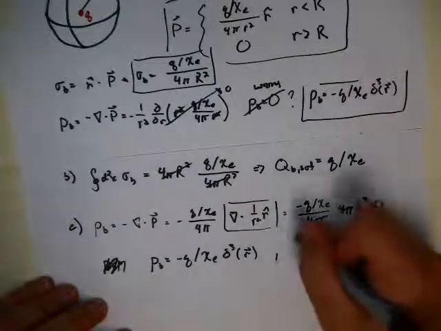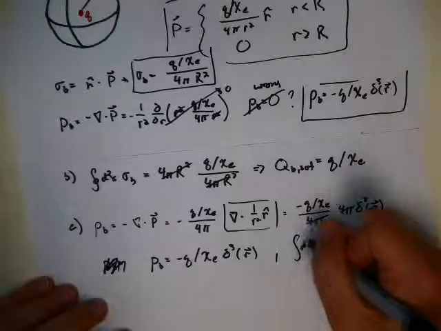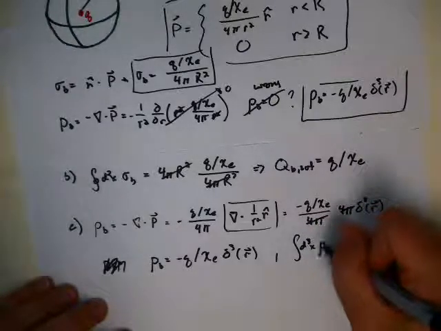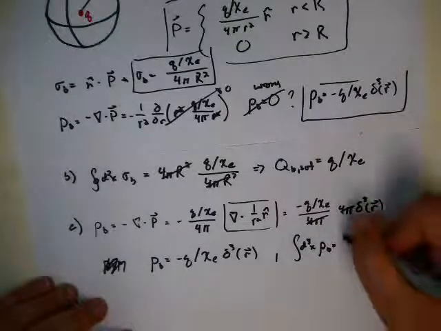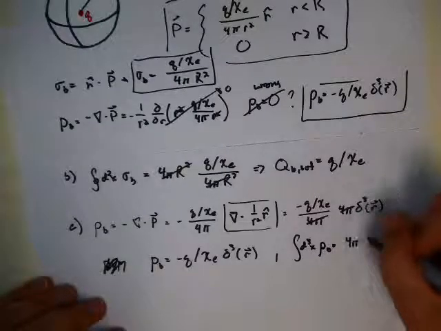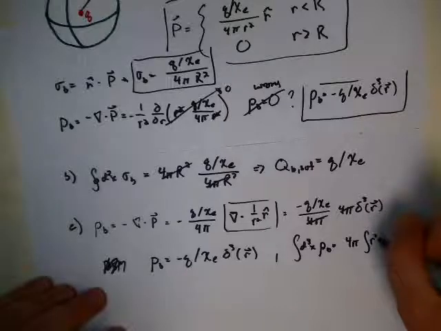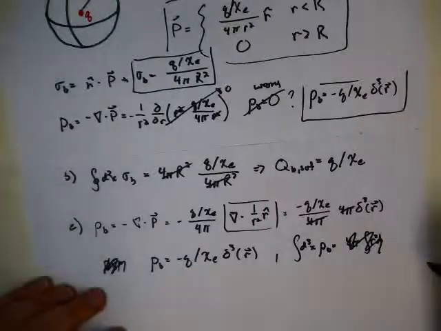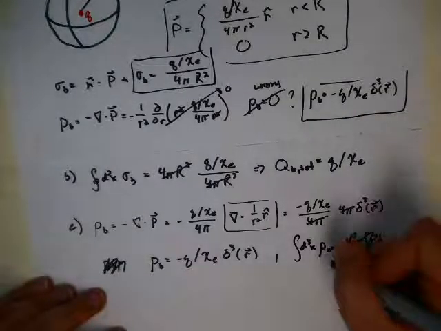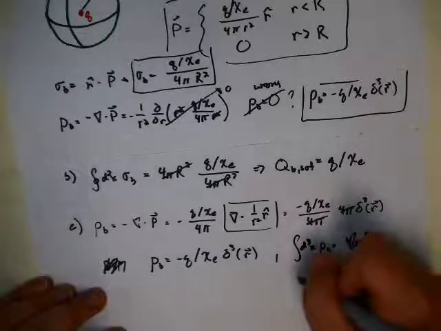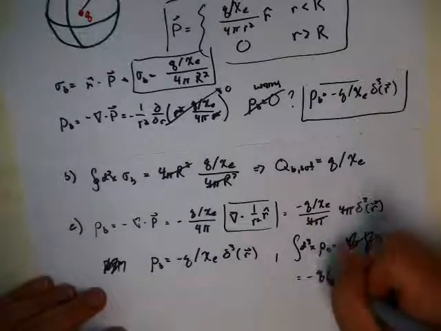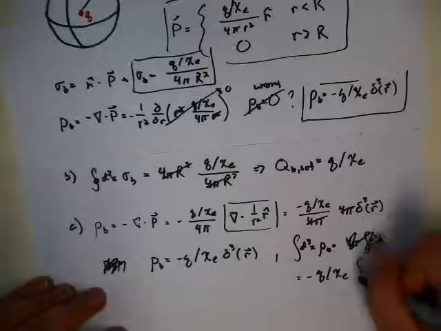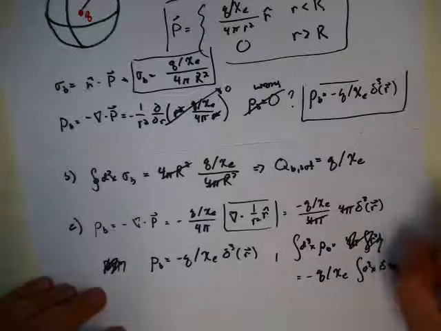When you do the integral d3x of rho b, this is going to give us minus Q chi e over 1 plus chi e times the integral d3x of the delta function at the origin.